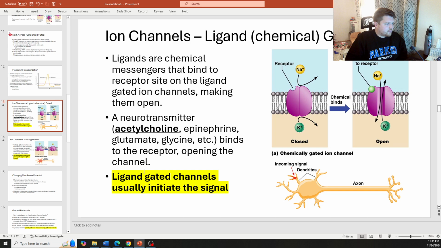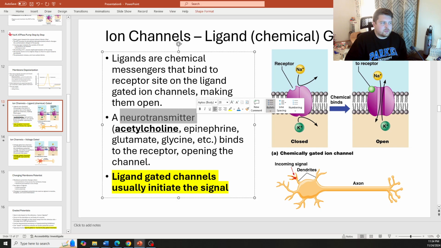And ligand-gated channels usually initiate the signal. So the ligand, typically the neurotransmitter, comes and binds onto the receptor, causes it to open, so that we can get the ions to move in and out.